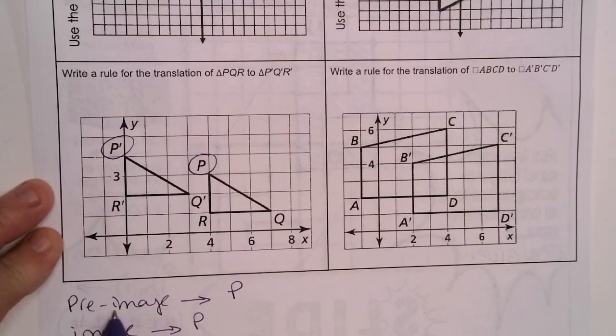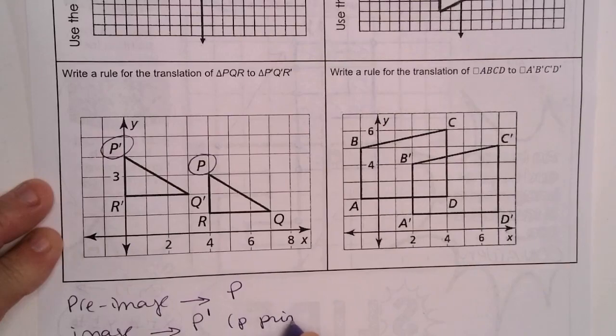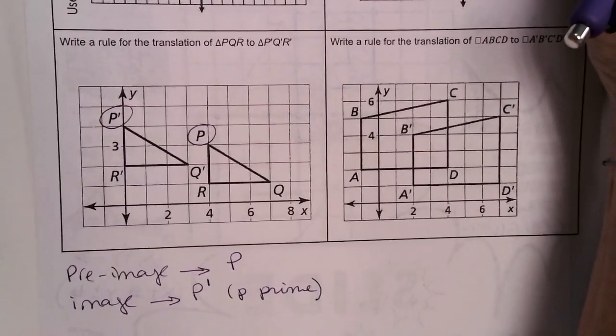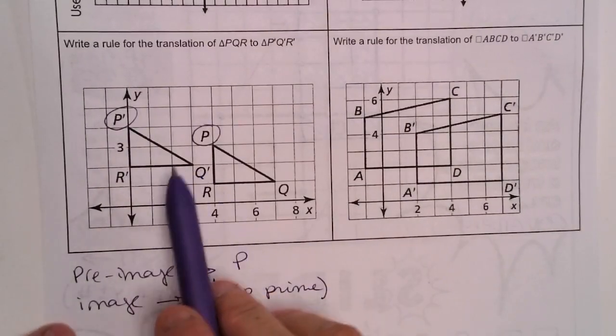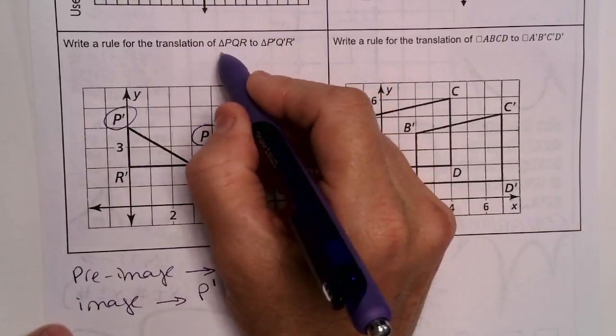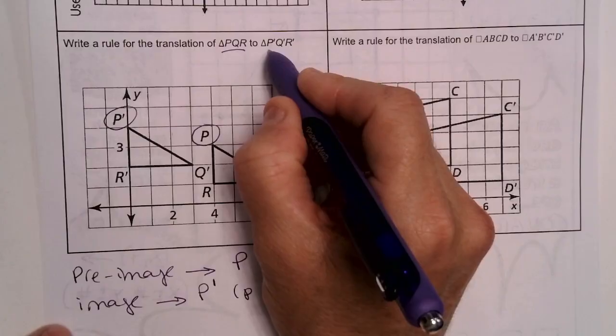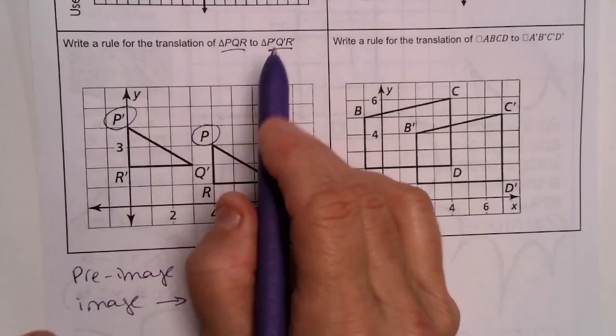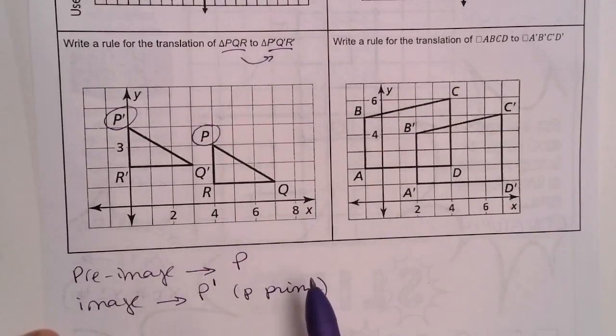So if the pre-image is P, then the image is P prime. Here, how do I know which one goes to which one? It says triangle PQR goes to triangle P prime, Q prime, R prime. That's how I know which direction I'm going.